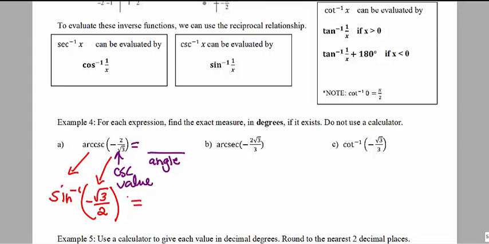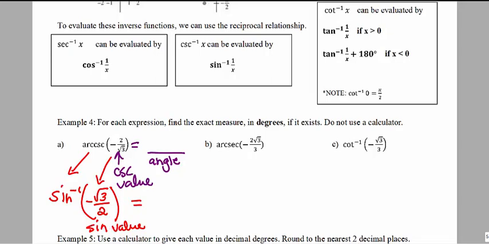So what we're looking for now is what angle has a sine value of -square root of 3 divided by 2. So the same angle that has a cosecant value of -2 divided by the square root of 3, that same angle has a sine value of -square root of 3 divided by 2. So what angle would that be?